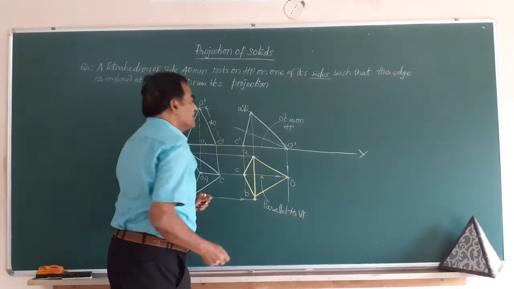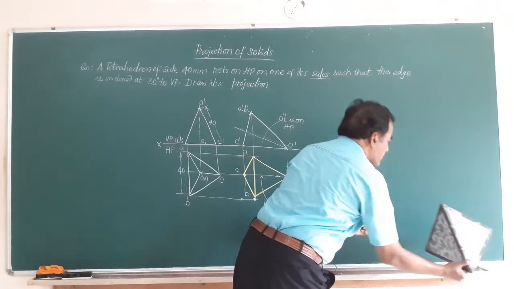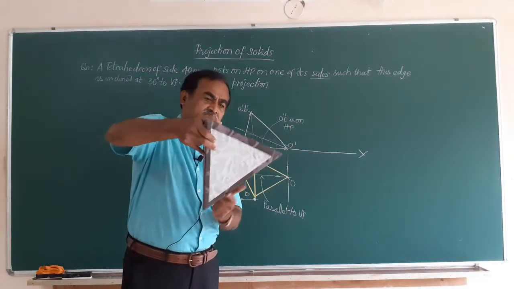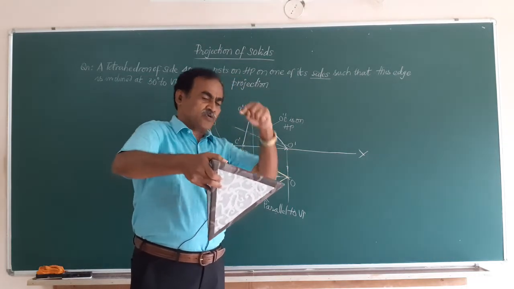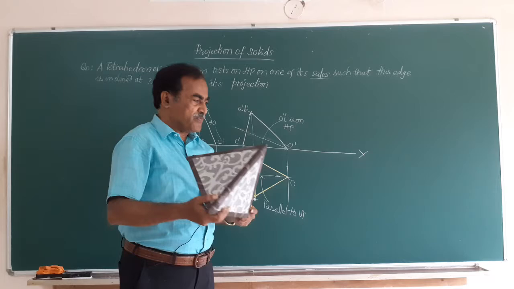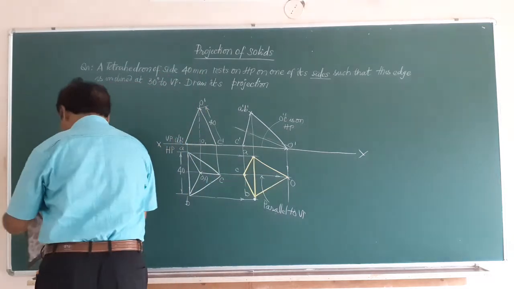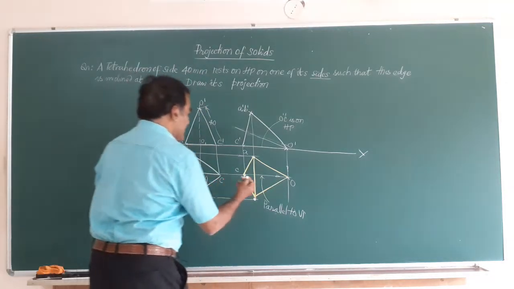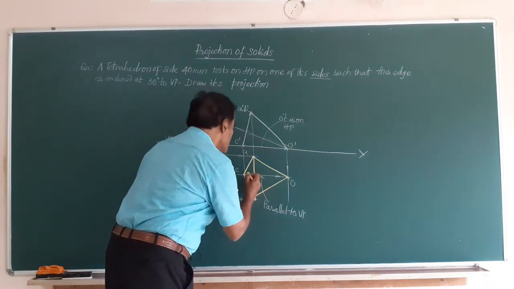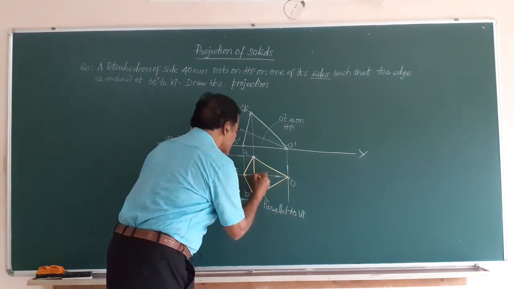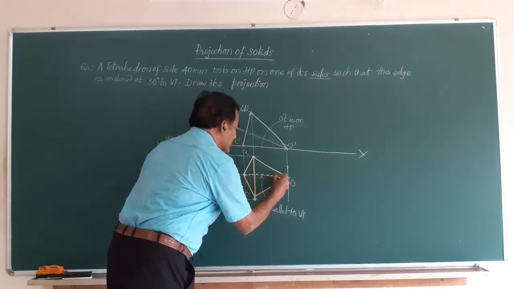Friends, since the object is resting on one of these edges that is not visible to the observer in the top view, I am going to show this by a dotted line. So, this OC is going to be a dotted line, that is an invisible edge.